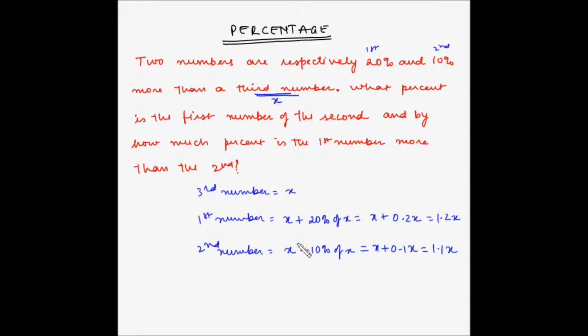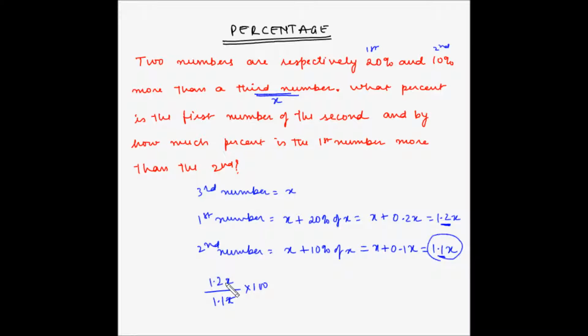So now we have to find out what percent is the first number of the second number. So with the second number as the base, how much percent is the first number of the second number? So we'll take the base as 1.1x, and then we have to find out how much percent is the first number. So 1.2x into 100.